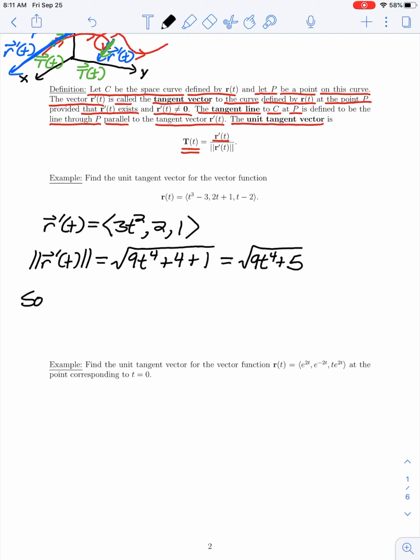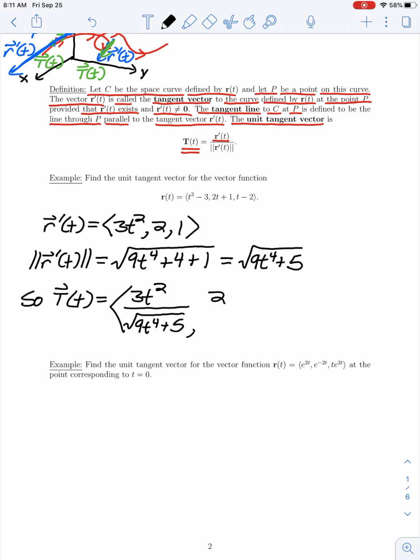So for the unit tangent vector, capital T of t, we're taking r prime of t, our tangent vector, and dividing by its magnitude. So the first component of this vector will be 3t squared divided by the magnitude, which was the square root of 9t to the 4th plus 5.